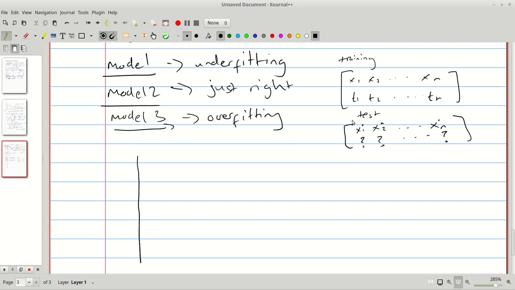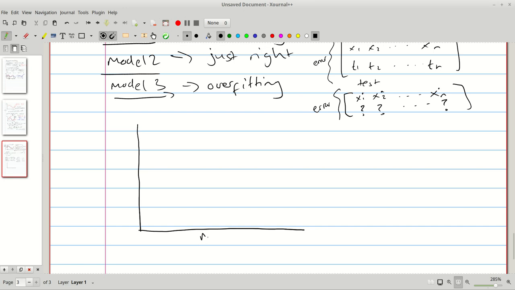So we can evaluate our algorithm and compute the error on the training set. We can also compute the error on the test set and actually see how it goes, right? So given this, what we'll notice is, this is m, which is the polynomial model size and so forth.